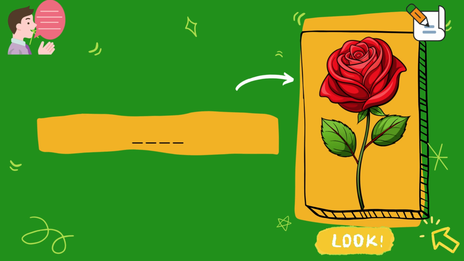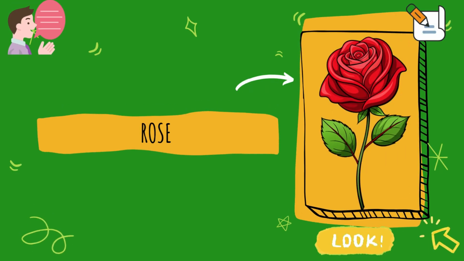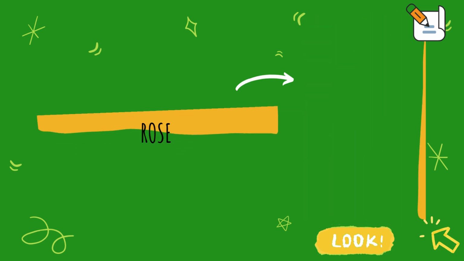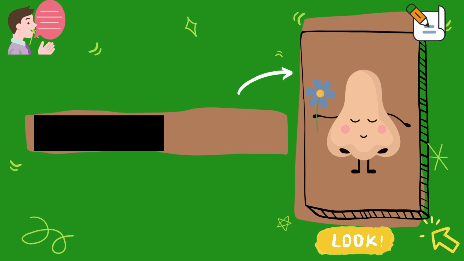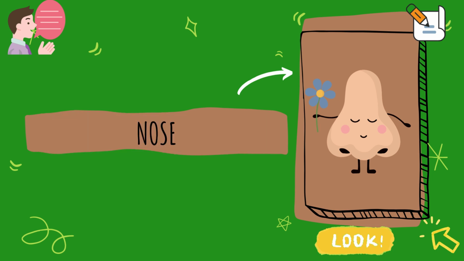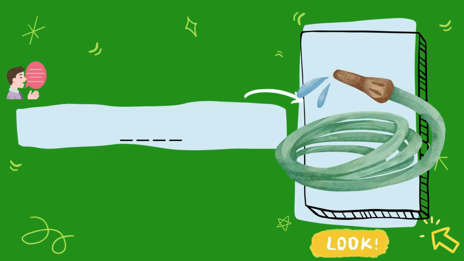This is a rose. This must be something we breathe through, which is a nose. We use this in the garden, a hose.